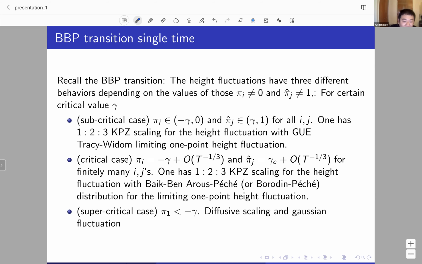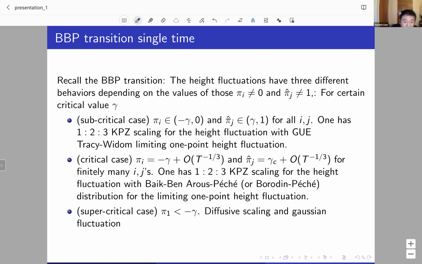And the other case is the supercritical case, where you have several slow particles that have a rate slower than the critical value, negative gamma. Then the fluctuations are governed by those last passage paths that stay in the first few rows of the environment. So it's basically some independent sum and some Gaussian type fluctuations.